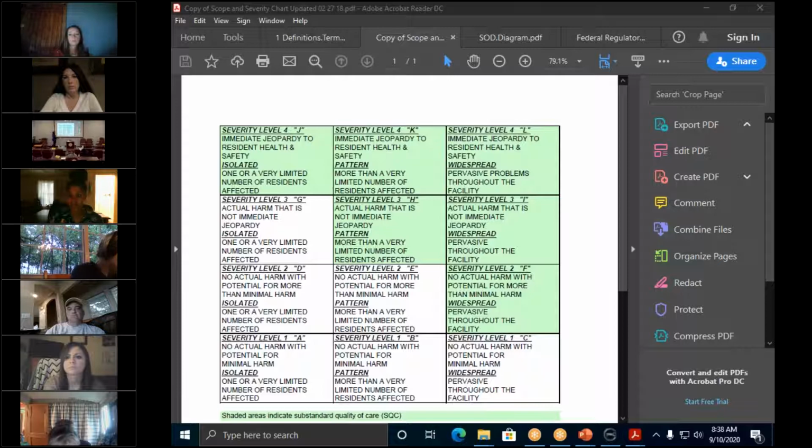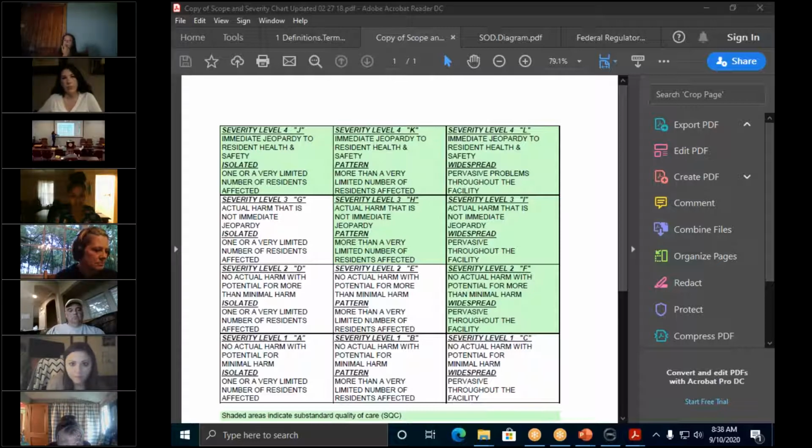So, like I said, severity moves up. The ones at the low end down here are low severity. The columns, as you move further along, are the scope.